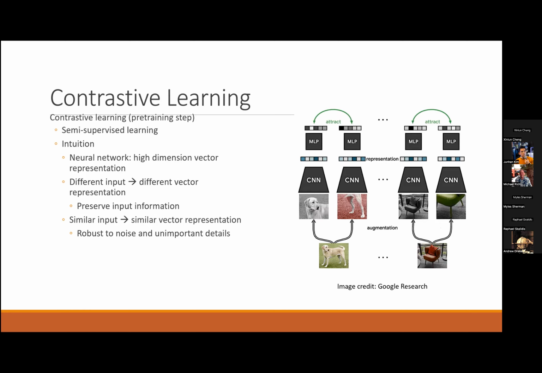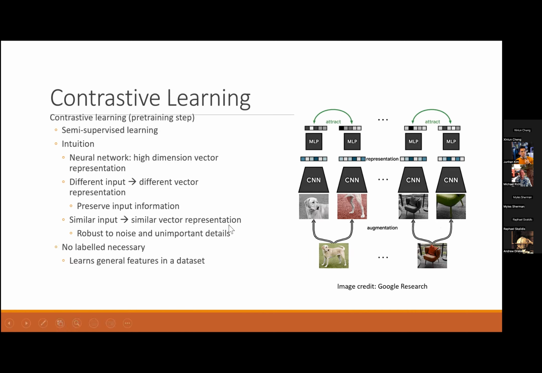You want these representations, like shown here, the representations gathered from the data augmented input of the same image to look like each other, to attract each other. However, you want different ones, for example, a chair and a dog, these representations to repel each other. They should look as different as possible.